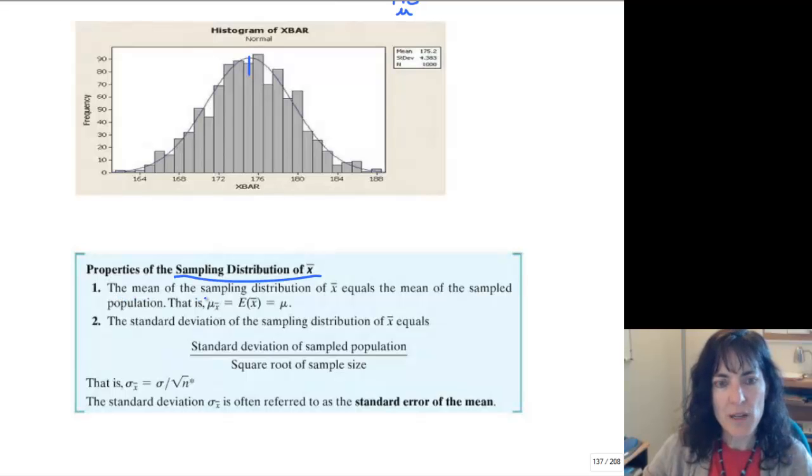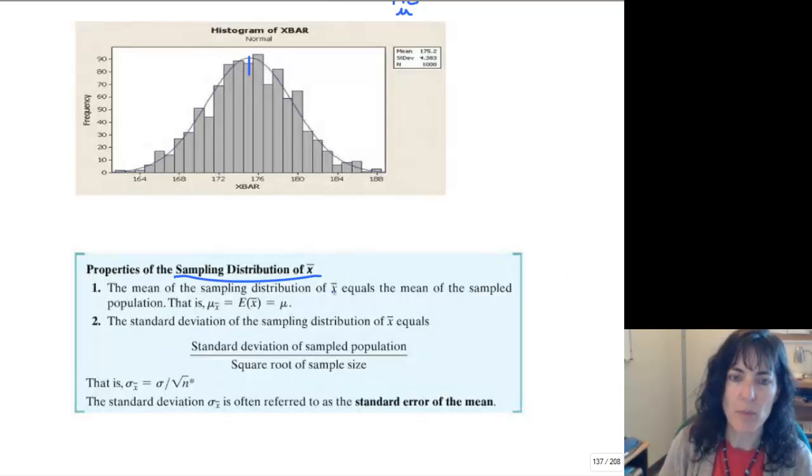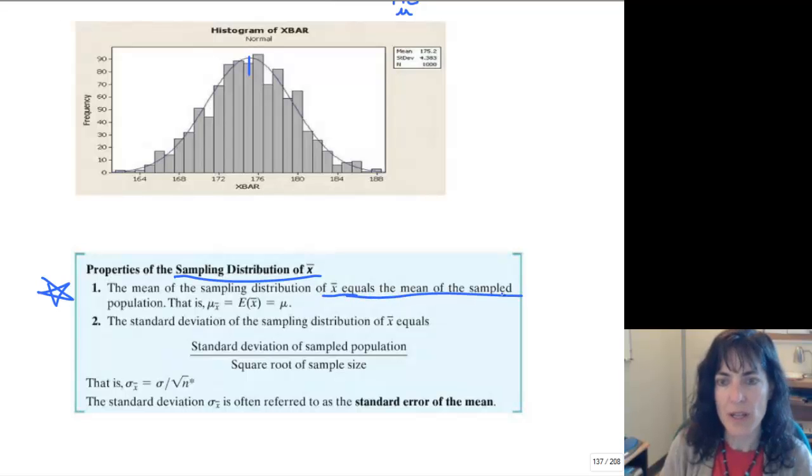Okay, so the mean of a sampling distribution of x bar equals the mean of the sampled population. And this is important. This is the properties of a sampling distribution of x bar. This is hugely important because what we're saying is if we take a whole bunch of samples, that mean of the x bar that we get is going to be the mean of our population.